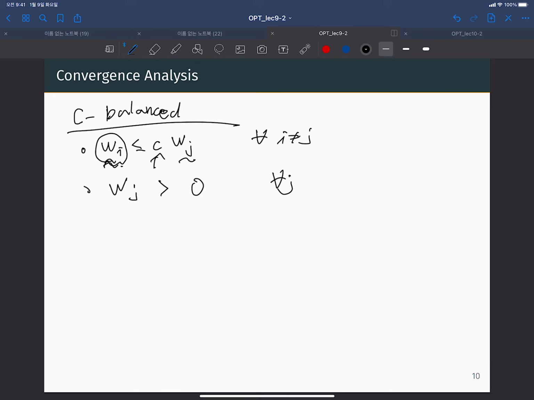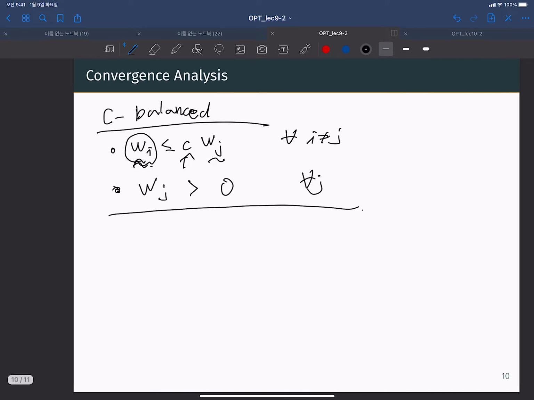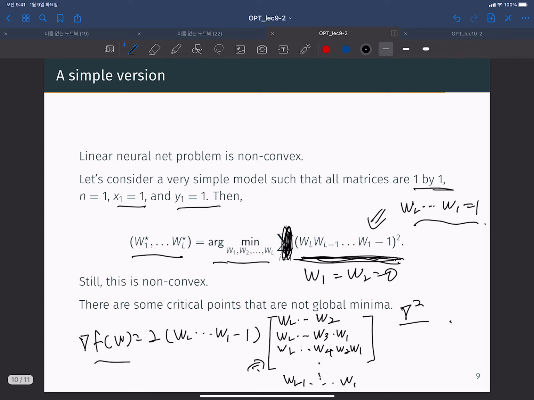With this condition, when your parameter values are non-zero and C-balanced, and if we can say all your trajectory always satisfies this C-balanced condition, then at least we can say that our path does not converge to this very bad local minima.